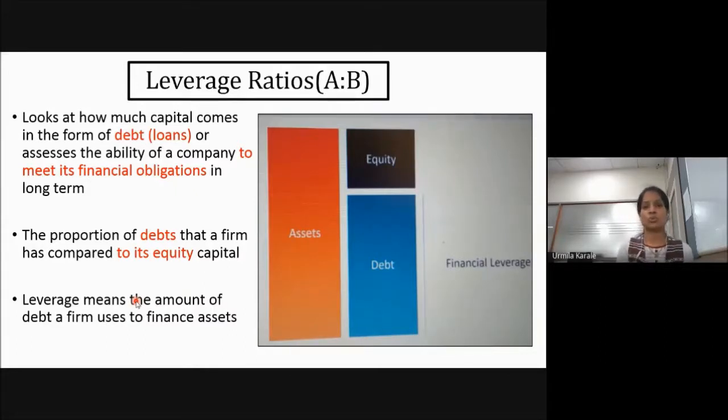Whatever sources you have, with those sources you make investment in fixed assets and current assets, right? All the assets that you have, current and fixed, we are talking about. Now what we are trying to find is how you have financed these assets, how you have financed this property you have bought.